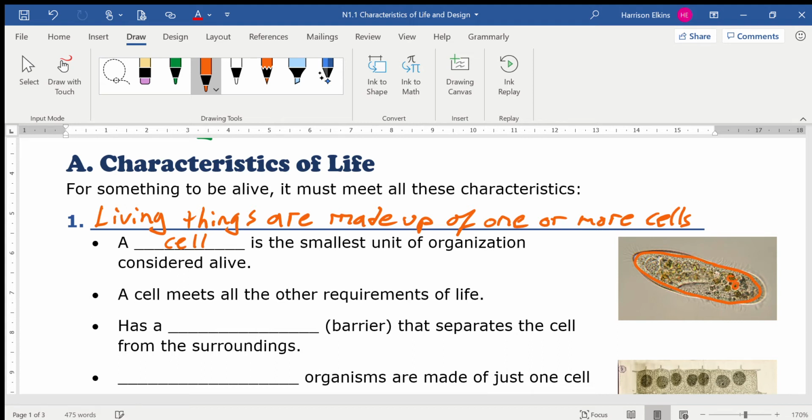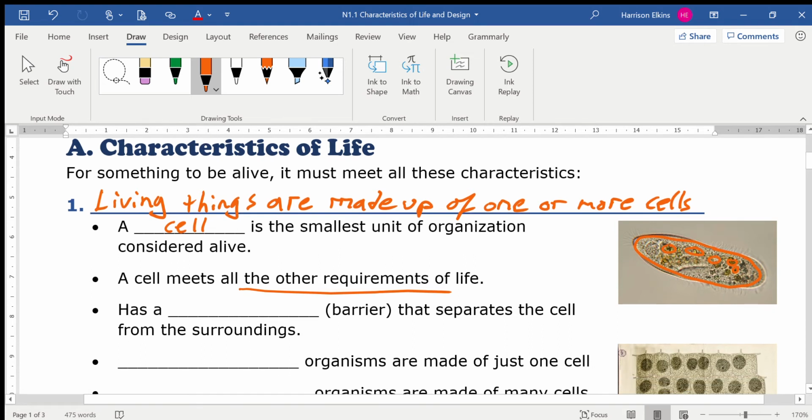It has a lot of different organizational structures on the inside, but basically this is a one-celled organism living right here. Even just one single cell meets all the other requirements of life. So all 8 requirements a cell meets. So that means even the cells that make you up are considered to be alive. They're not separate organisms, but they are living parts that make you up.